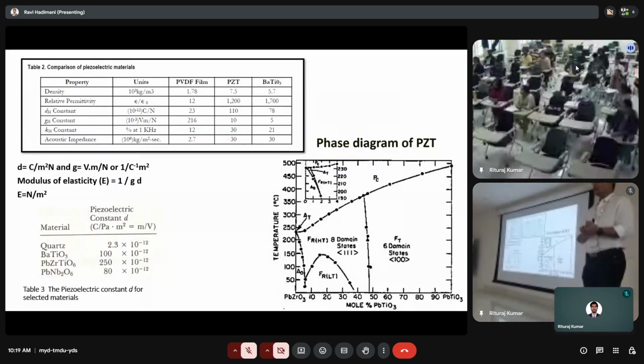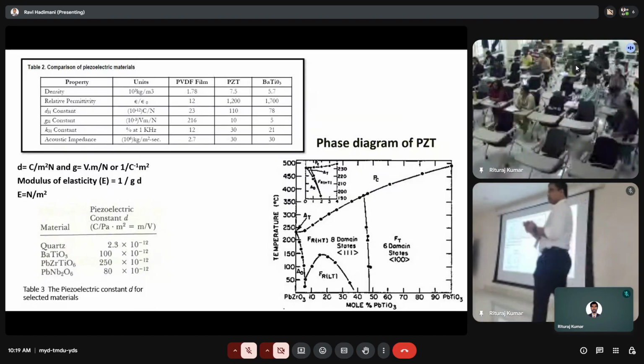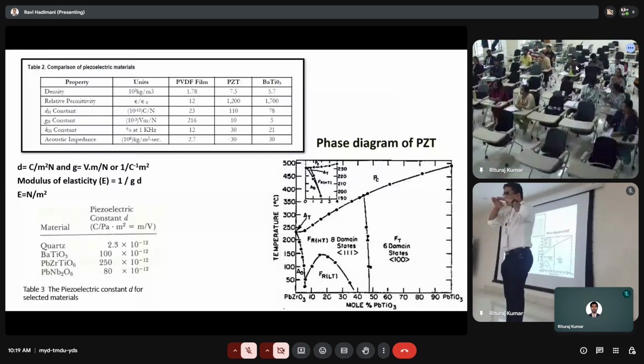How many of you have used an atomic force microscope, PhD student guys? An atomic force microscope basically images the surface of any material and measures the roughness to an atomic level. The roughness could be 0.1 nanometer or 1 nanometer.